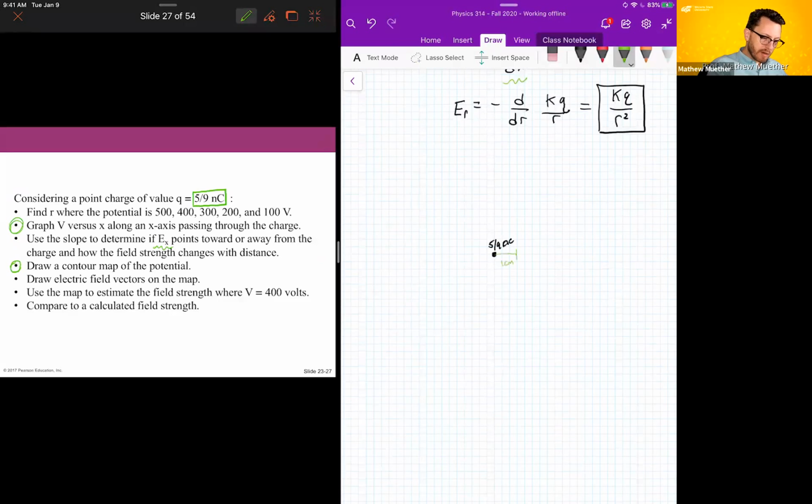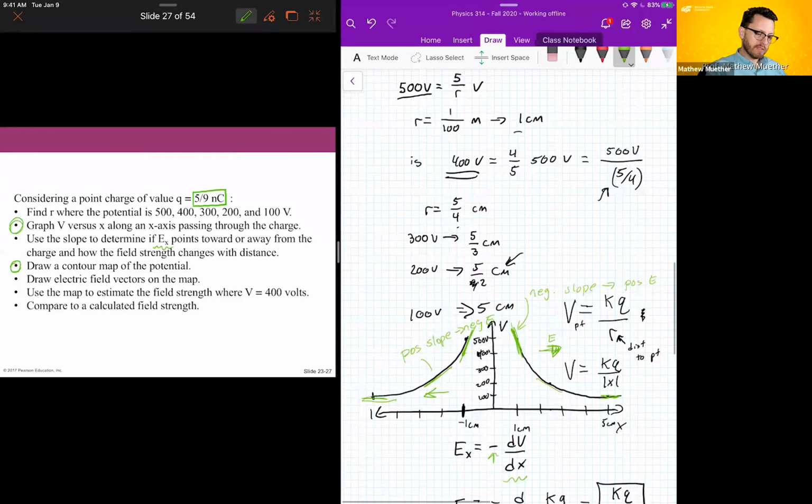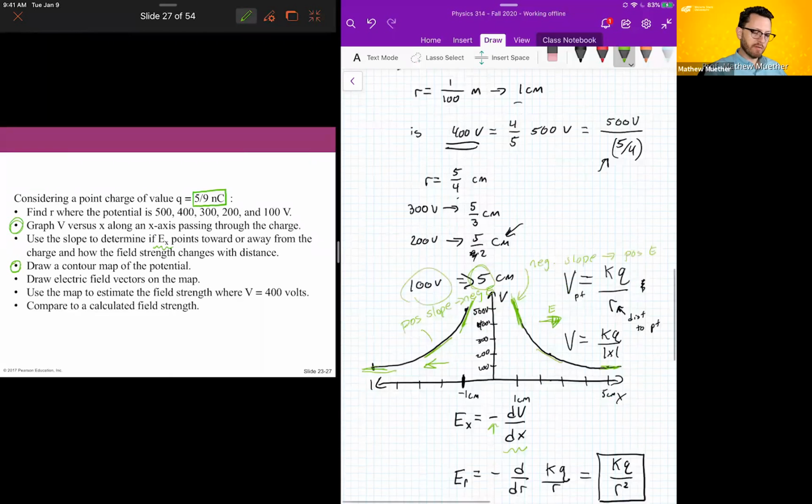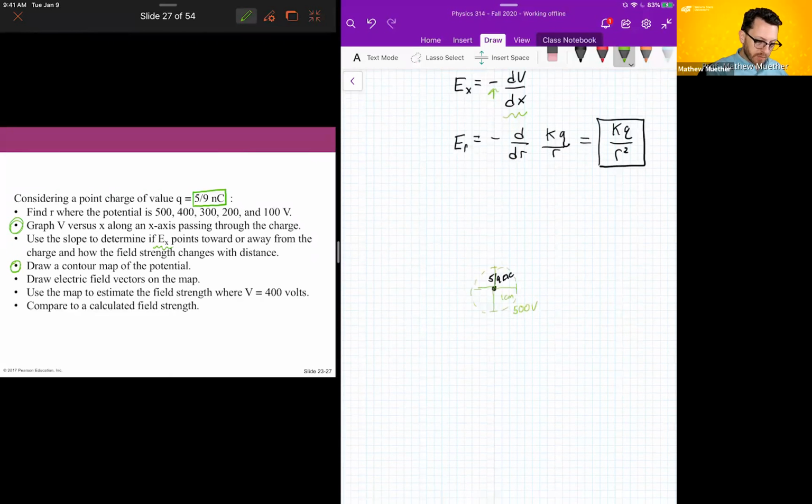And we know if I go out now a centimeter in any direction, that the electric potential should be the same. And we calculated it everywhere to be 500 volts. So what I can do is draw this little circle around this guy, and all along that circular path, the voltage is a fixed 500 volts. We know that when I'm 5 centimeters away, we calculated that I have 100 volts.